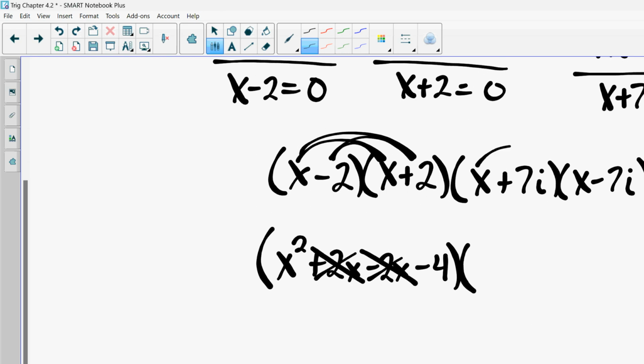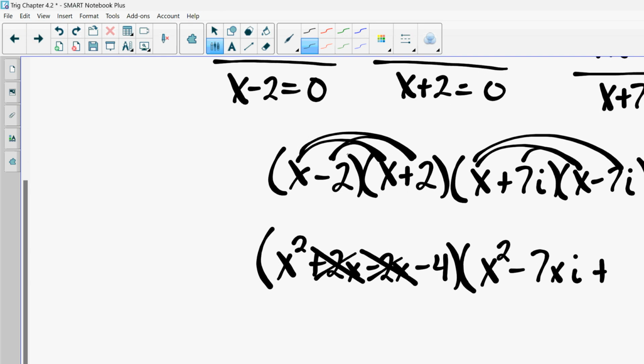We can do the same thing with our other set of parentheses. X times x is x squared. X times -7i is -7xi. 7i times x is plus 7xi. And 7i times -7i is -49i squared. -7xi plus 7xi is 0.